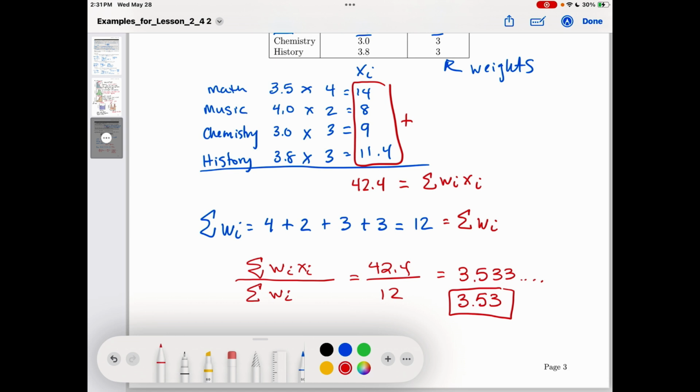So let's wrap up the lesson with a quick summary. In the beginning of the lesson, we talked about measures of center, and those are numbers that help us describe the center or the typical value of the data set. We talked about 3 measures of center: mean, median, and mode.